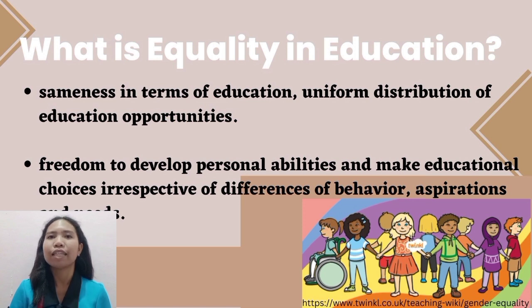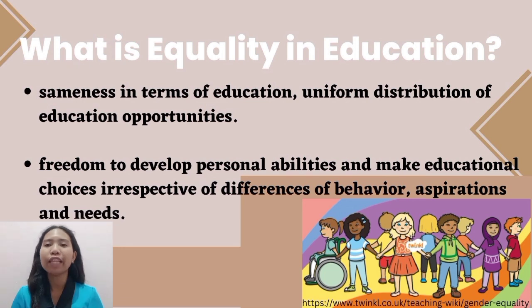So in equality in education, everyone should be provided high quality education, so that everyone is able to learn. Equality asserts that every student should have the same access to high quality education regardless of where they came from.